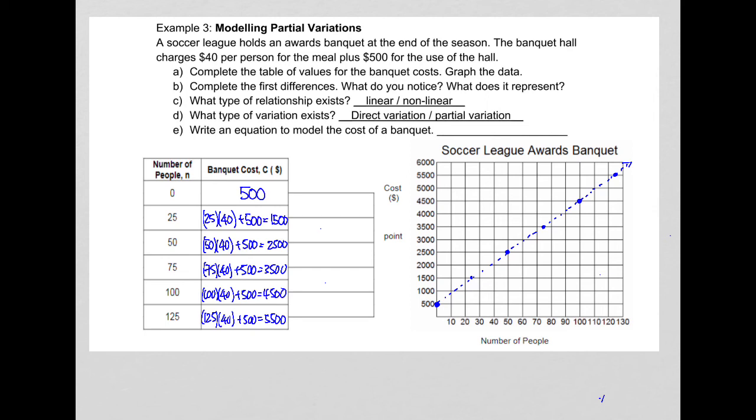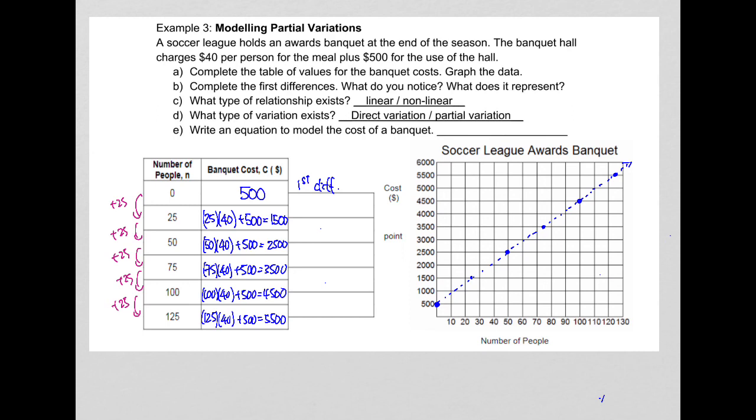Then the next one we do is we have to figure out the first difference now. Once again, before you figure out the first difference, you want to make sure that the x value goes up at the same amount. So as you can see here, let's add a 25, add a 25, add a 25, add a 25, add a 25. That means the independent variable does go up by the same amount.